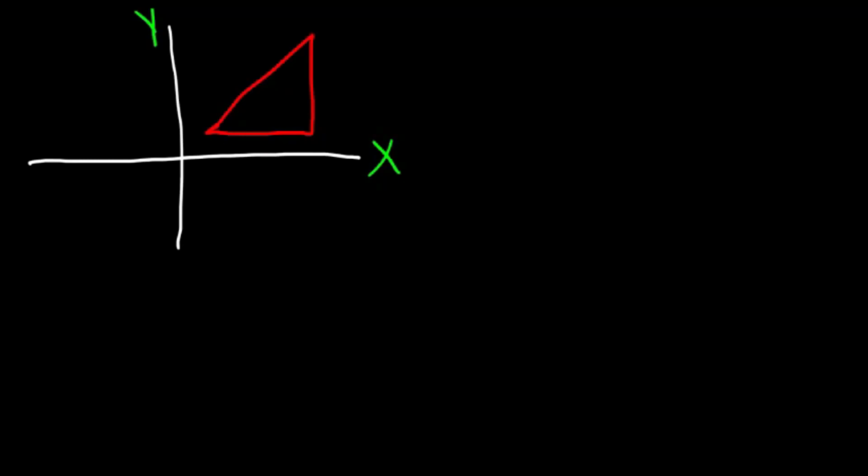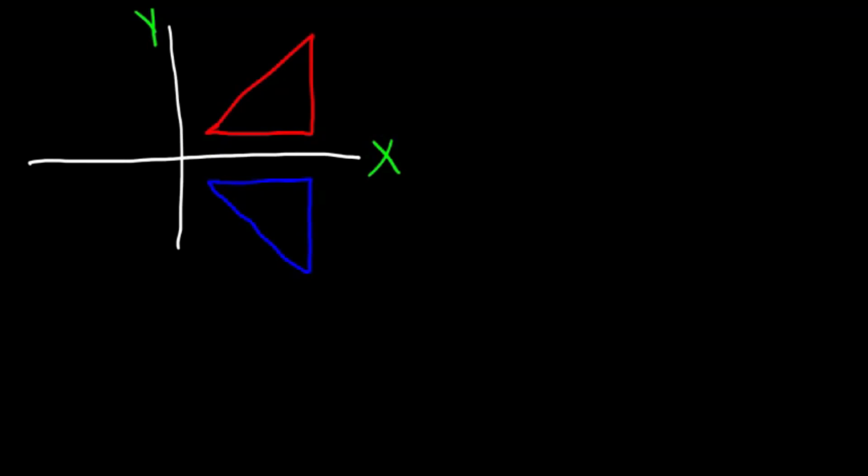So the new image is going to look like this. As you can see, the x-axis is basically the line of symmetry. The blue triangle is basically a reflection or a mirror image of the red triangle, where the x-axis, you can think of it as the mirror or the line of symmetry. So that's how you can reflect an image over the x-axis.